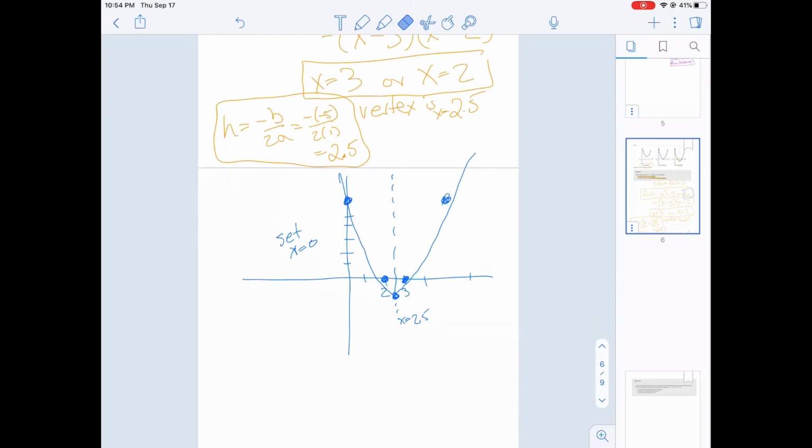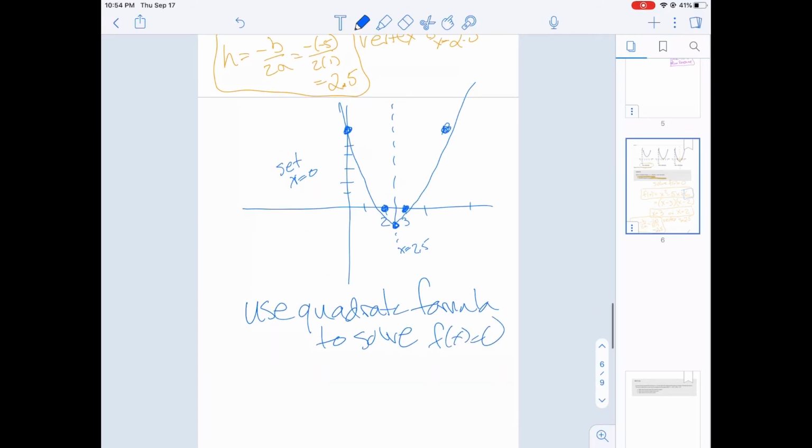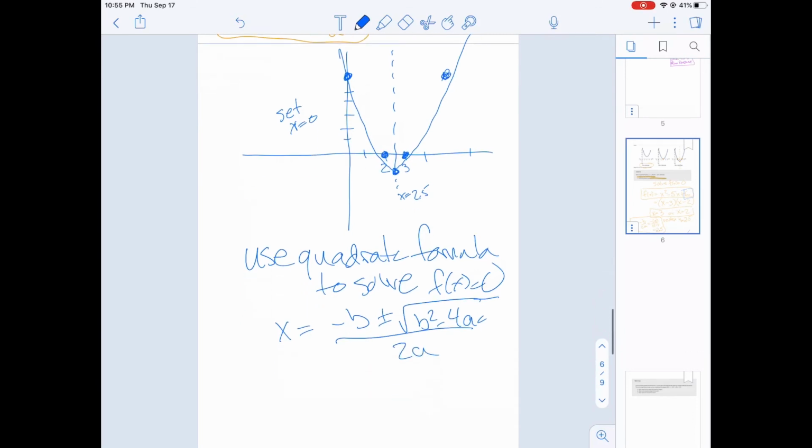Or if you can't factor it, you can also use the quadratic formula, which, to solve when f of x equals 0, gives x equals the opposite of b plus or minus the square root of b squared minus 4ac all over 2a. I might do a little video explaining where that comes from, but if you've seen that before, great. If you haven't, we'll be mostly trying to factor.